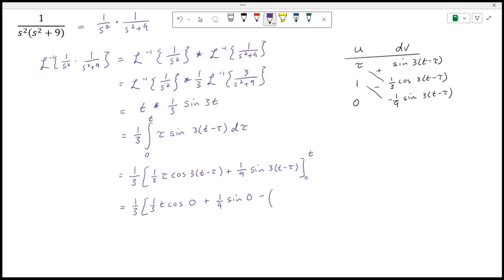minus, and now I'll plug in 0 everywhere. The first term, tau being 0, makes the whole first term 0, plus 1/9 sine of 3t. Cleaning this up a little bit, cosine of 0 is 1, sine of 0 is 0.